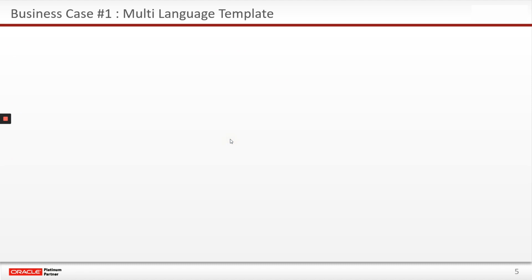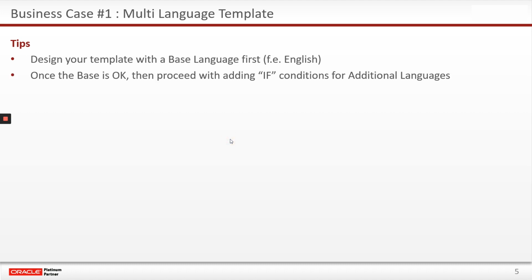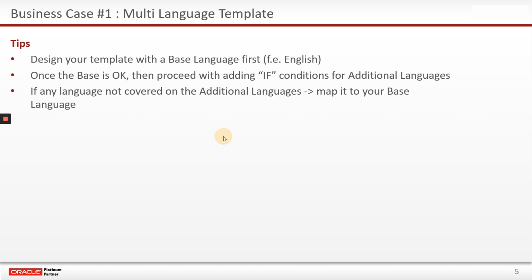I would also like to share with you some tips. When you have to deal with multiple language templates, my recommendation is that you start with a base language design, for example, English. Once you have completed that and the base language layout is okay, then you can proceed by adding the if conditions to achieve the additional languages.